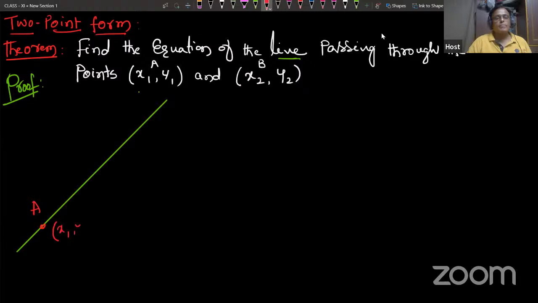And passing through it is B, that is B, (x2, y2). So ultimately we have to find its equation, right or not? Read the question: find the equation of the line passing through AB. Whichever line is passing through AB, we have to find the equation of that line. You have 2 points given, therefore it is called 2-point form.